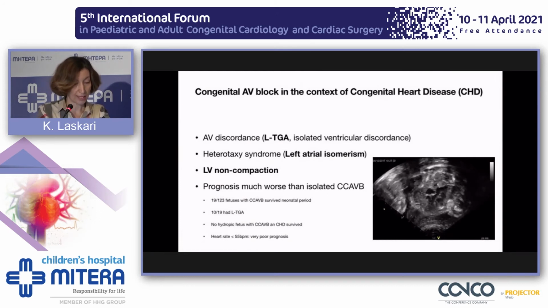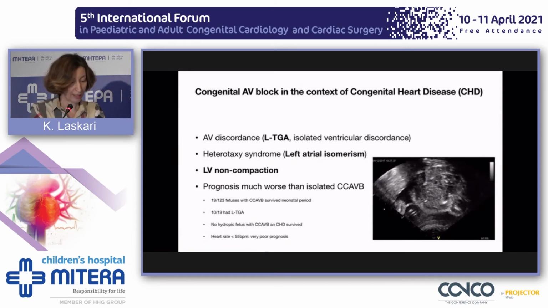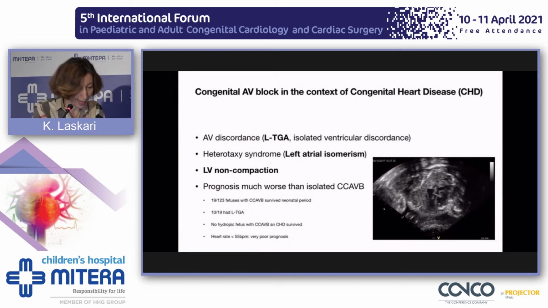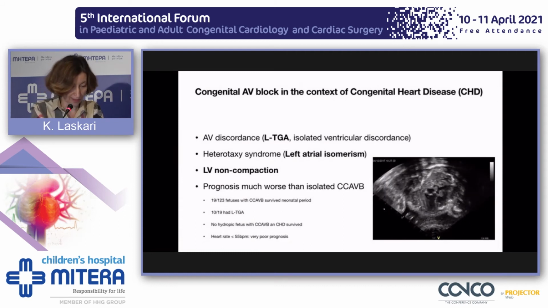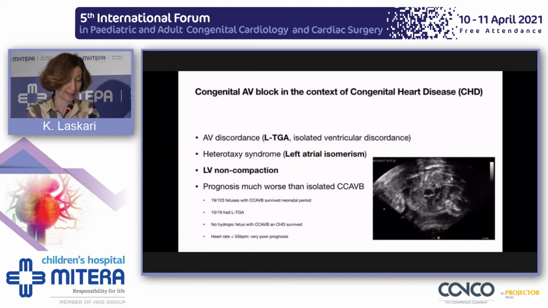The prognosis is much worse than isolated congenital AV block, because only 19 out of 123 fetuses with congenital AV block in the context of congenital heart disease survived, and no hydropic fetus survived with both congenital AV block and congenital heart disease.